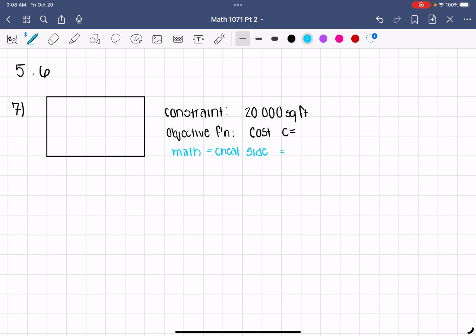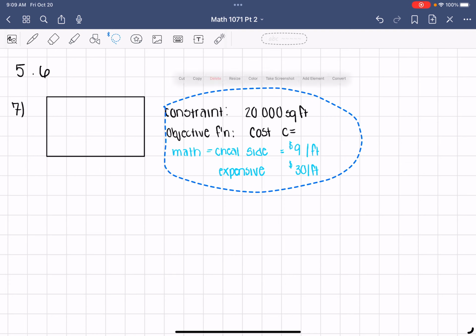And so if this is the cheap, and if this is the cheap, and if this is the cheap, then this one is the expensive. And so our question is, what are the dimensions? It's a rectangle. So let's call the width X. Let's call the length Y.